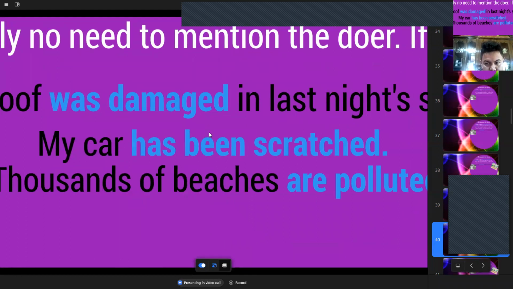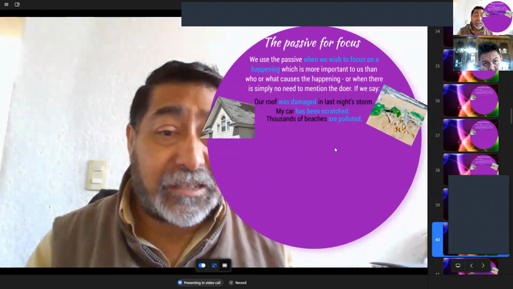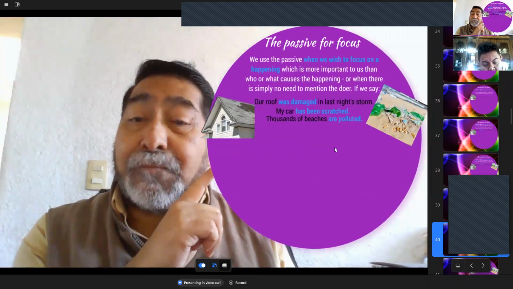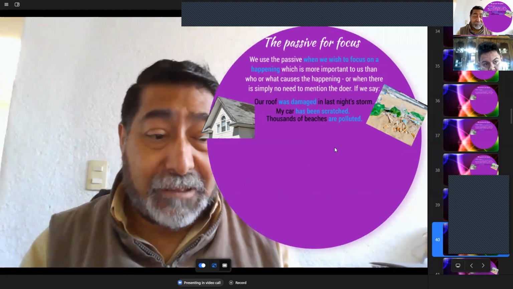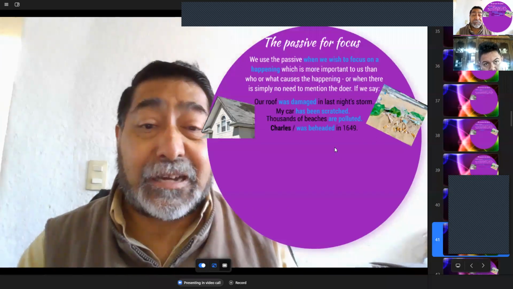Notice that this is the verb to be in past participle, and here I have the auxiliary for present perfect, has. Remember that the present perfect is formed with the auxiliaries have or has plus the verb in past participle. So, has been scratched. This is my verb in passive, using passive in perfect tenses. Let's analyze another example.